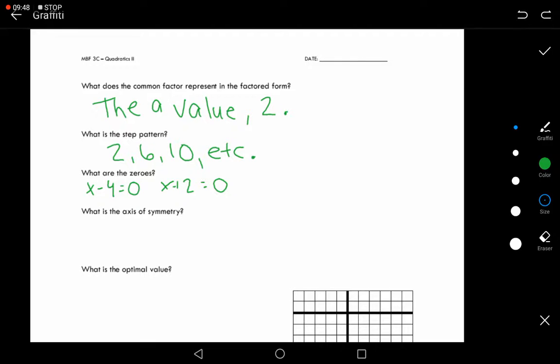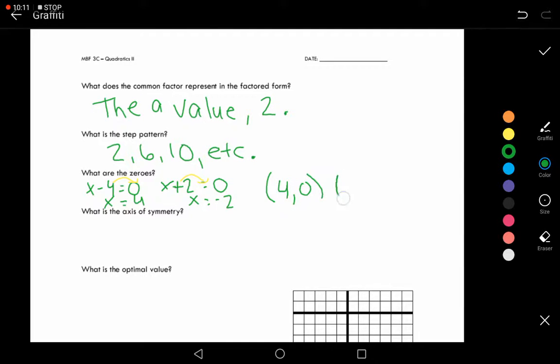Okay, and that should be easy to remember because they're called zeros, right? So you just have to remember that you have to set them equal to 0 and solve for x. So these are easy to solve, right? We're just moving that value over the equal sign. Okay, so our zeros in this case are going to be 4, 0 and negative 2, 0.